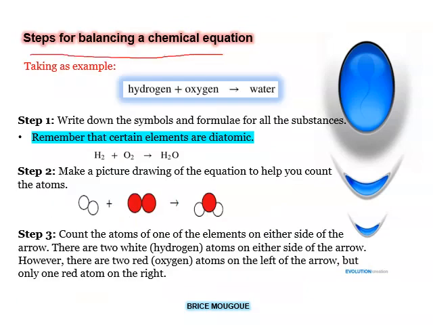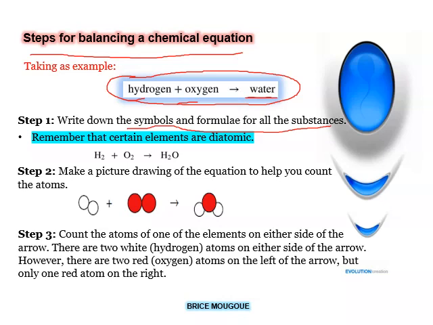Steps for balancing a chemical equation. In this case, we will use this equation as an example: hydrogen plus oxygen to produce water. So two reactants, one product. Our first step is to write down the symbols and formulae for all the substances.